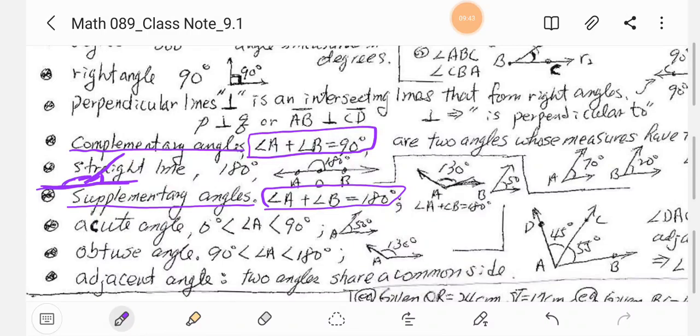So a straight line always forms 180 degrees. If this is 30 degrees, then the other angle will be 150 degrees, because a straight line always makes 180. So the sum of two angles is 180 degrees, then we call these two angles supplementary angles.